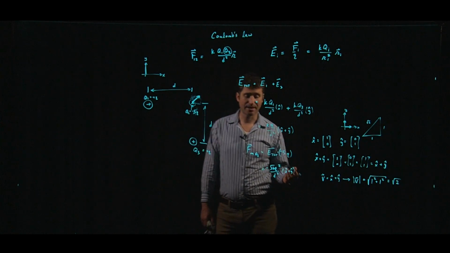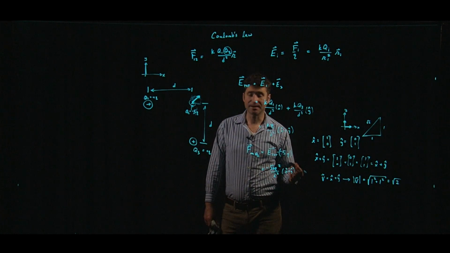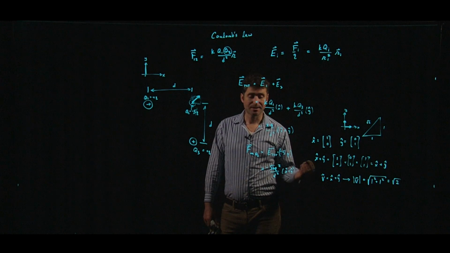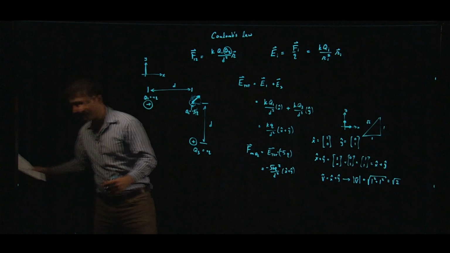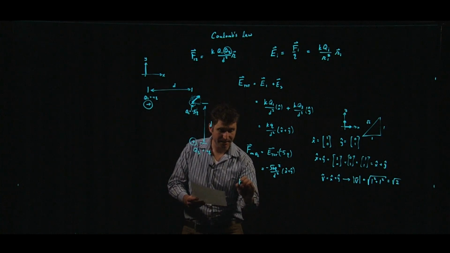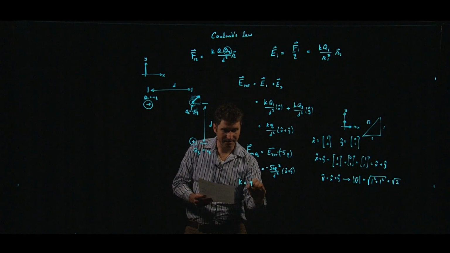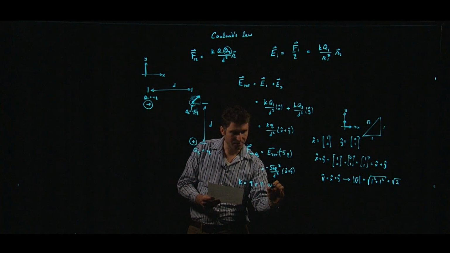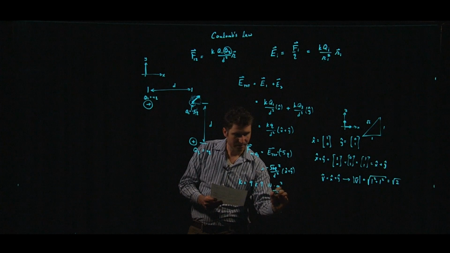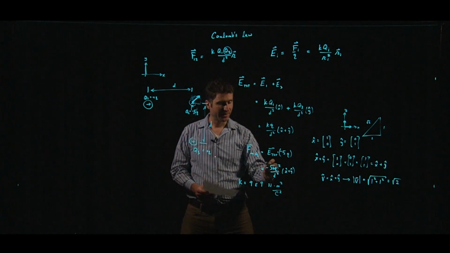In some cases, you're asked to plug in some actual values. So sometimes we'll use this value for K, which is a constant: 9 times 10 to the 9 newton meters squared per coulomb squared.